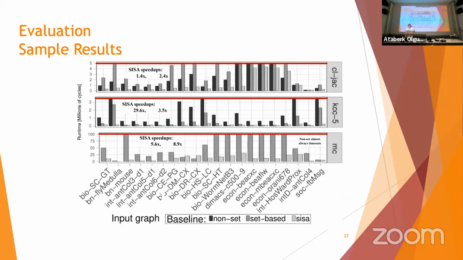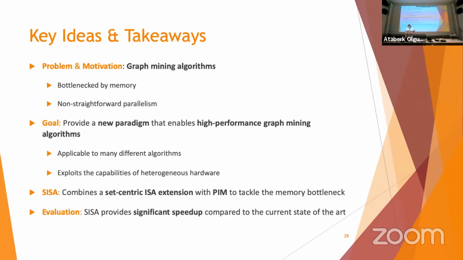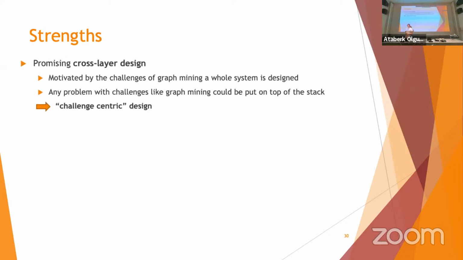I will start with my analysis of the paper. Firstly, with the strengths. I think that it's a very promising cross-layer design. The paper is motivated by the challenges of a problem and then develops a very nice whole stack design around it.